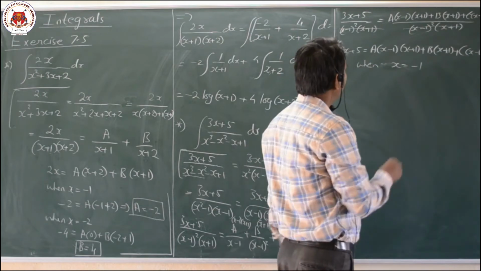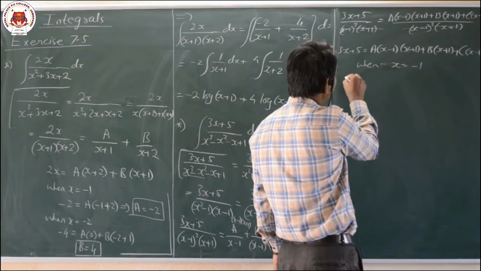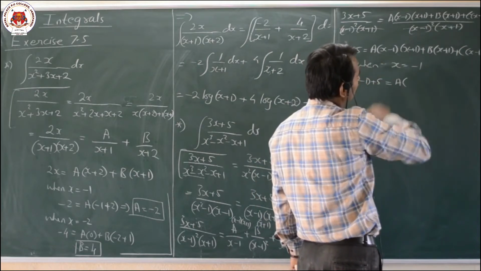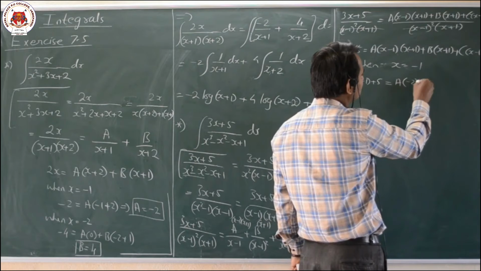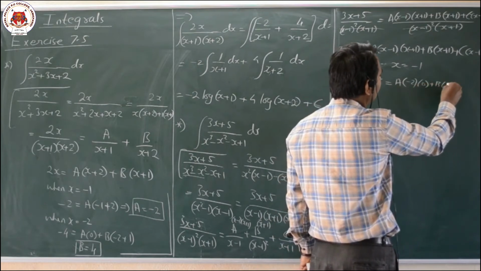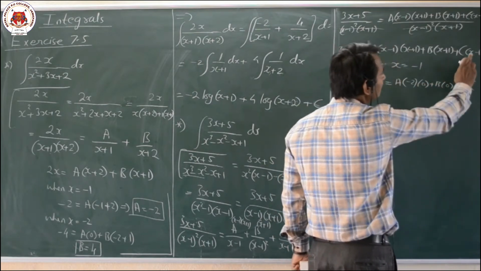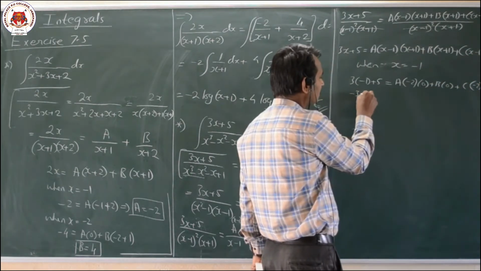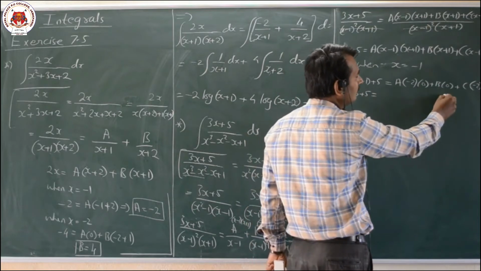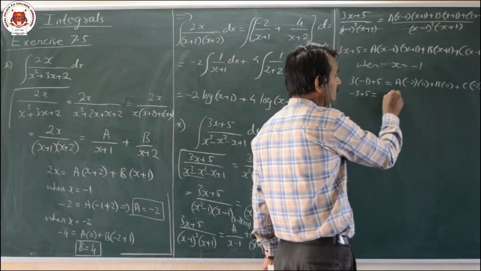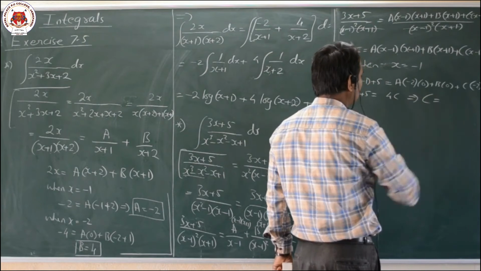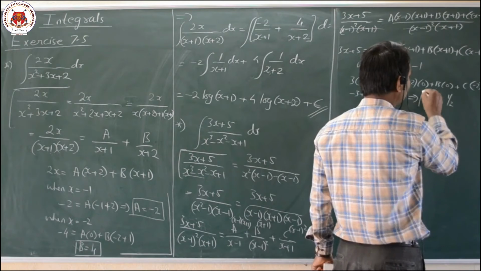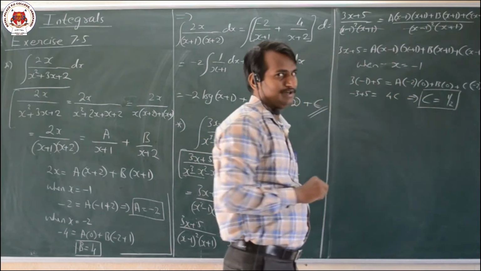That implies when x = −1, 3(−1) + 5 equals a times 0 plus b times 0 plus c(−2)². That implies −3 + 5 equals 4c, so c equals 2 by 4, that is 1 by 2. What is the c value? 1 by 2.